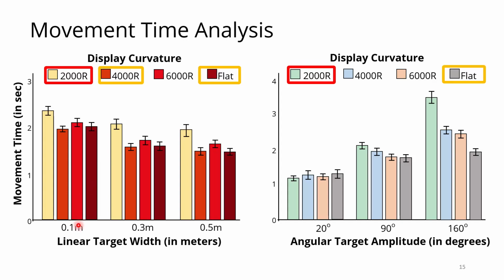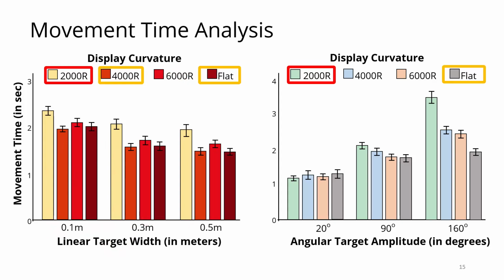So here are the results. We can see for all conditions, this is the linear condition, this is the angular condition. The 2000R display always had the lowest performance, which is a higher task completion time or movement time. Additionally, pointing on the 4000R and the flat is significantly faster than the 6000R display for the linear condition.